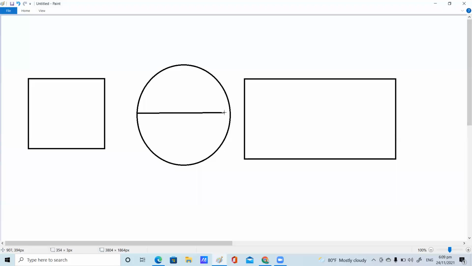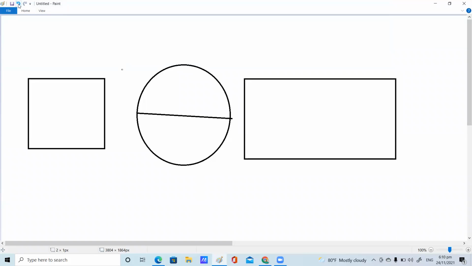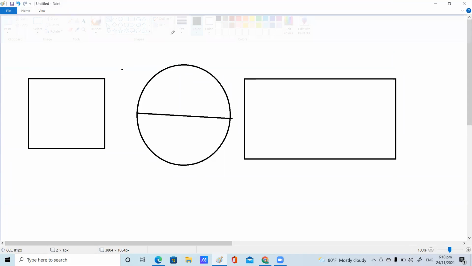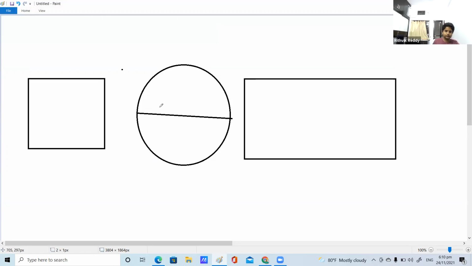What is this, children? Diameter. It is a diameter and it divides the circle into two semicircles. Very good. Two semicircles, that's it. That is called the diameter. Suppose this is a point, what is this point, children?